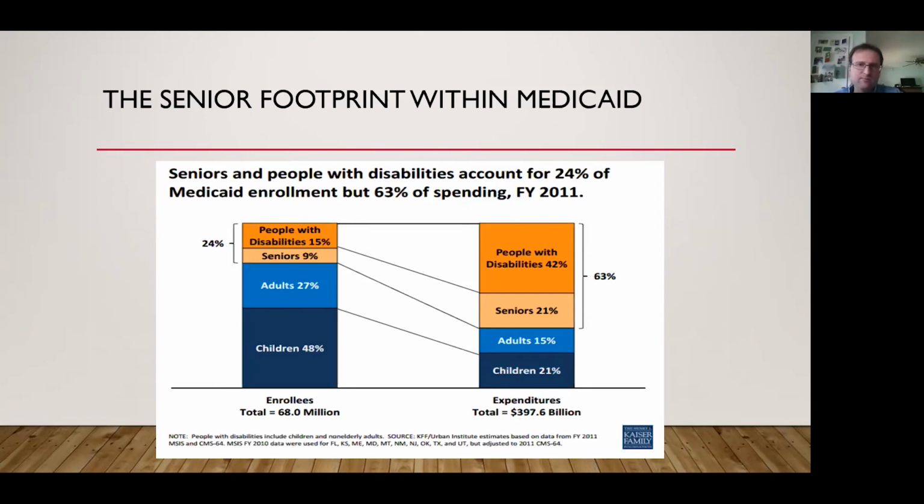So a fairly small proportion, but those 9% translate to 21% of the overall expenditures. And again, the overall expenditures for the program are around 400 billion, at least as of 2011. It's probably significantly higher now. I should probably update that slide, in fact.